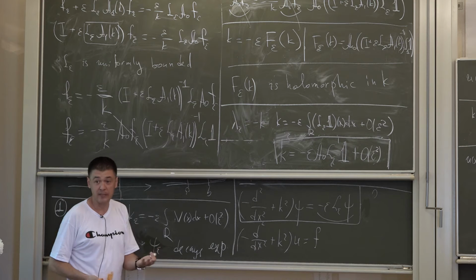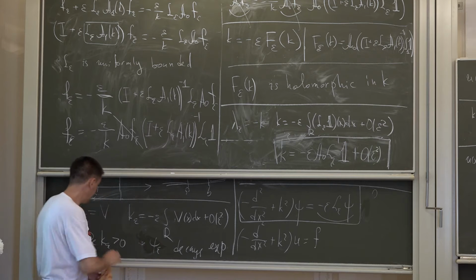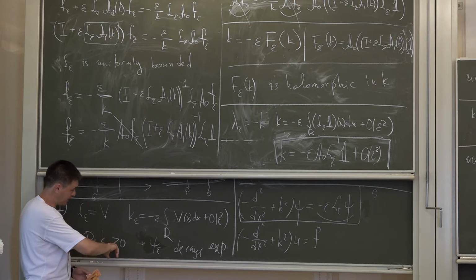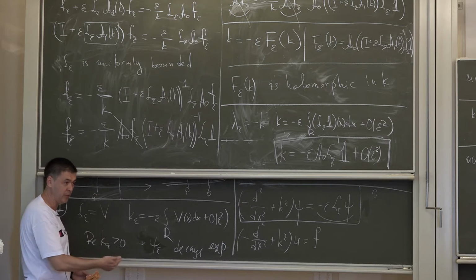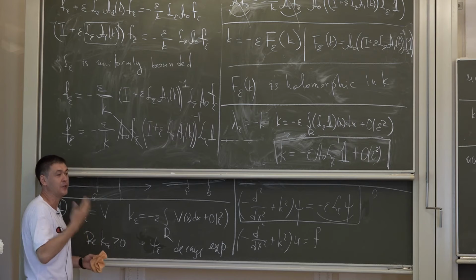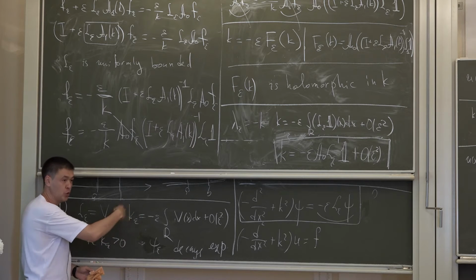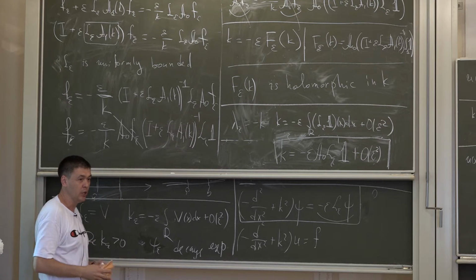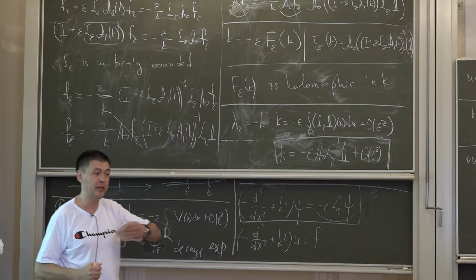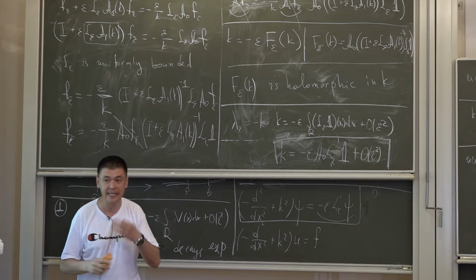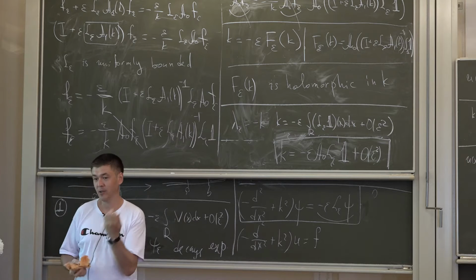This is a resonance. It means that if the sign of the real part is positive, then we get an eigenvalue. If it's negative, then this is a resonance. Depending on the sign of the real part of this root, we either get an eigenvalue or a resonance. So in any case, we get a spectral object.